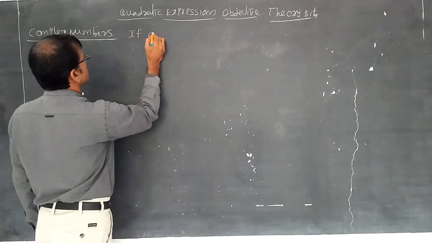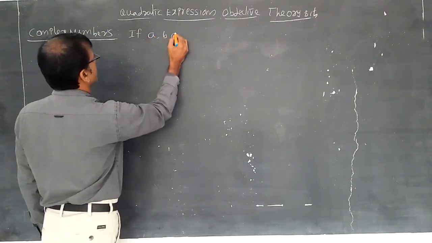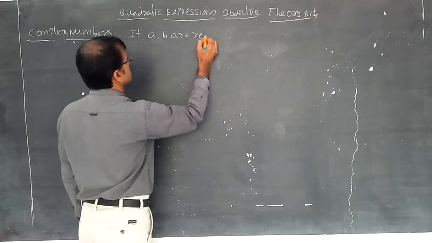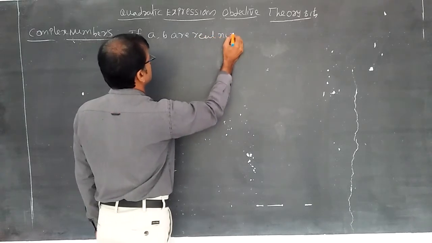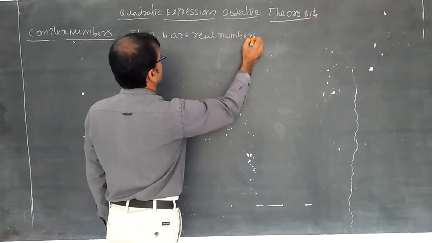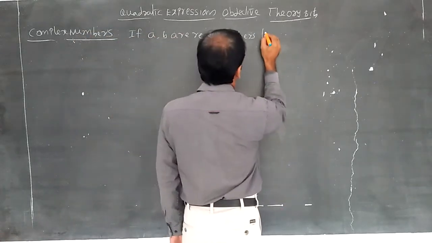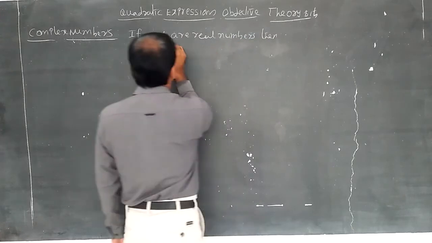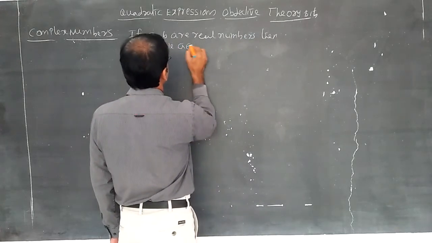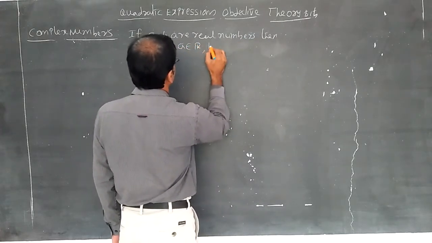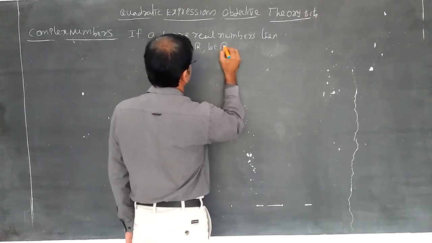If a, b are real numbers, that means a belongs to real R and b belongs to any real number.